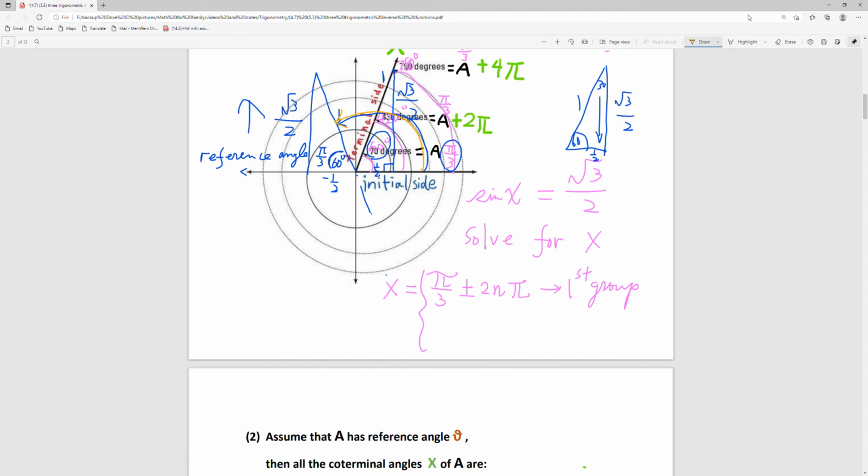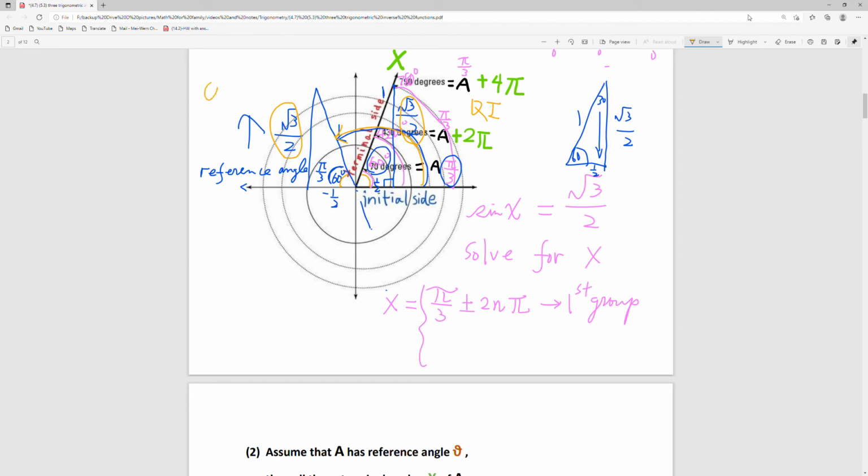So the reference angles are the same, so they have the same sine value on quadrant 1 and quadrant 2. And when the sine values are negative, obviously we have the angles from quadrant 3 and quadrant 4. They will provide negative sine values. So roughly, I will introduce how we find the two groups of solutions.